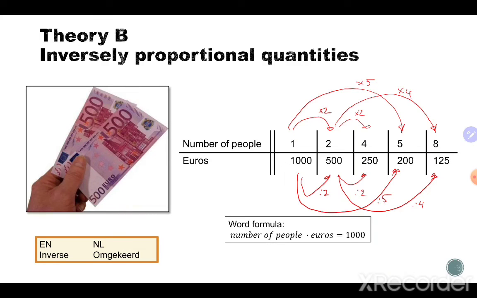So the word formula is: the number of people multiplied by euros is always constant, always 1,000 euros. That's how you can look in tables to see if something is an inversely proportional quantity. If you multiply them together, it is always the same number. In this case, it is 1,000.